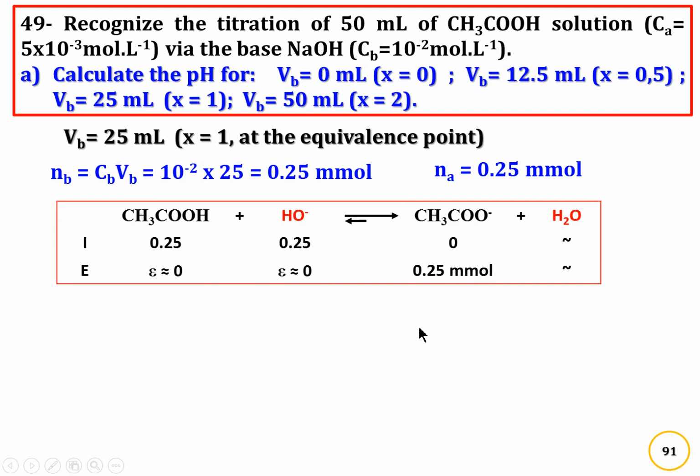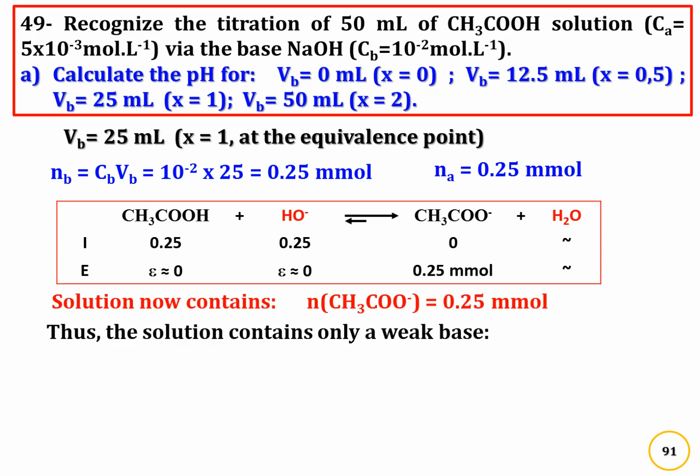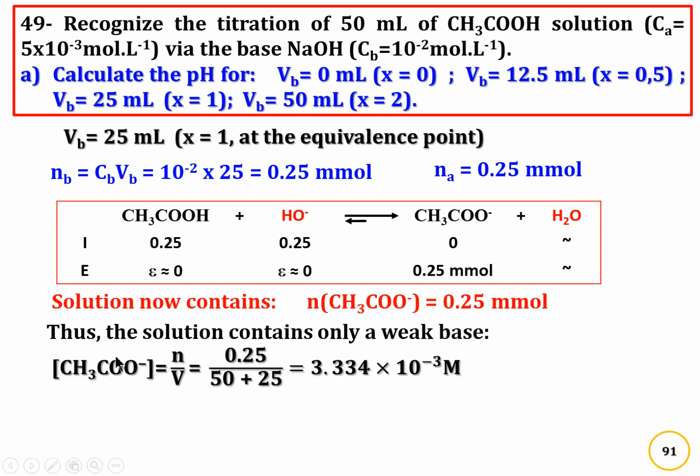So what is the concentration of acetate at the equivalence point? The concentration of acetate at the equivalence point is equal to the number of moles of acetate at this point divided by V total. And V total is equal to V0, which is 50 ml, plus the volume added, which is 25 ml.